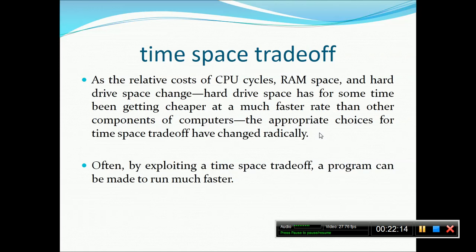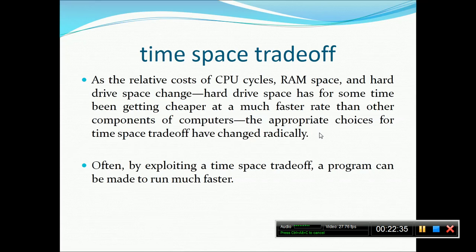Now what is the trade-off basically? As the relative cost of the CPU cycle, the RAM space and the hard drive space changes, the hard drive space has for some time been getting cheaper at a much faster rate than other components of the computer. The appropriate choices for the time-space trade-off have changed radically.